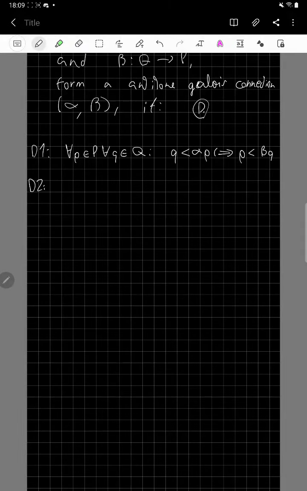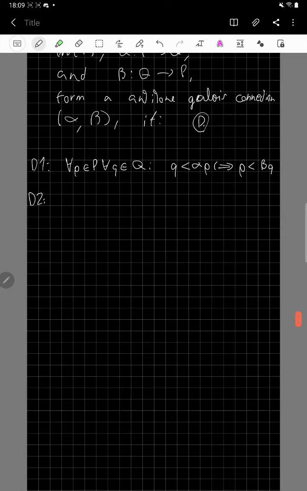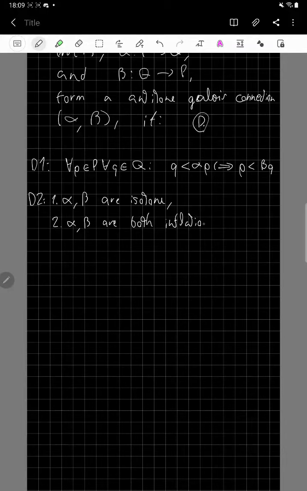And then the second definition, which is equivalent, is that alpha and beta are isotone, and alpha and beta are both, I don't know what the name is, but let's say inflationary.